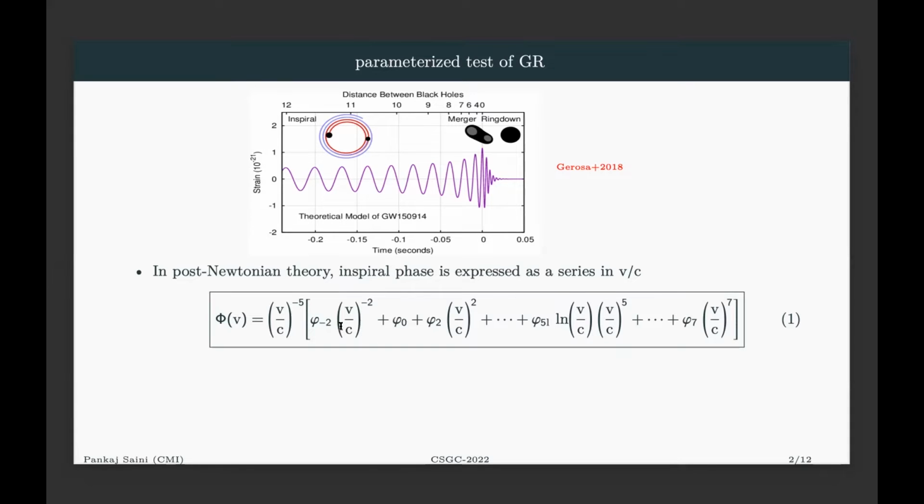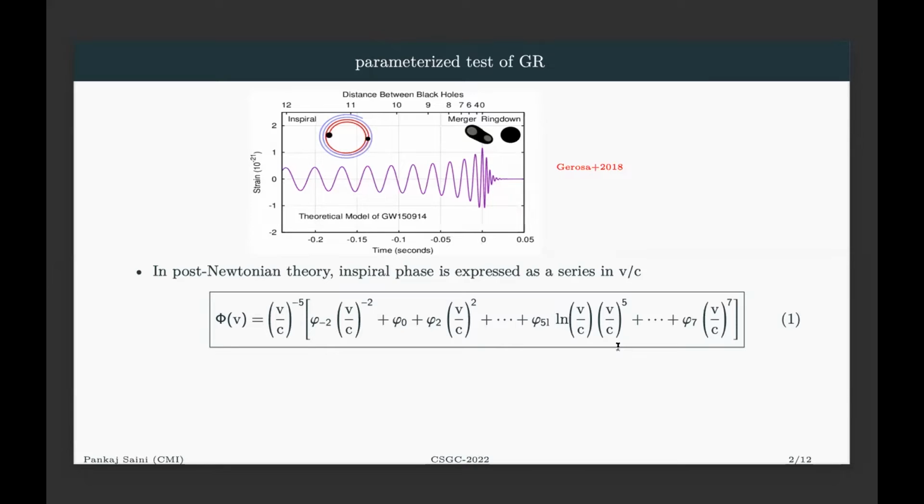This is the dipole term, which is 0 in GR but non-zero in some alternative theories of gravity. These are negative powers of v, so this term dominates at the lower frequencies or lower orbital velocities, whereas the other higher order PN terms dominate at the higher frequencies.